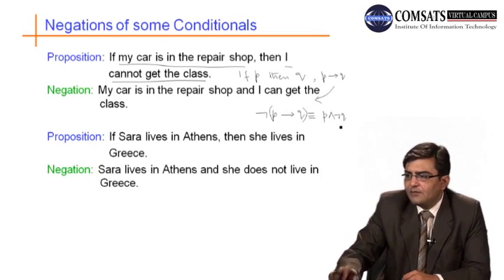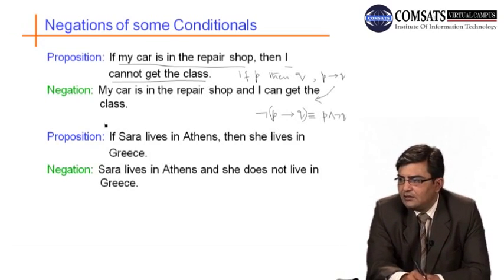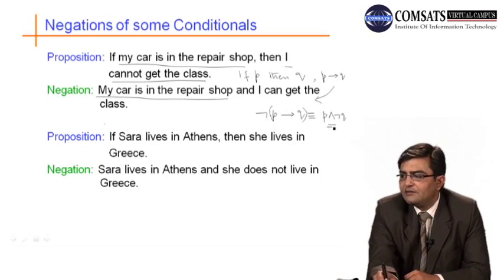So what is P? Here P, my car is in repair shop, will come here. This is P, and there is an AND operator between these two propositions. What is the negation of Q?